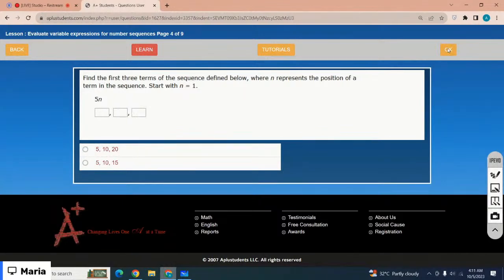Find the first three terms of the sequence defined below, where n represents the position of a term in the sequence. Start with n equals 1. So which is the correct option?